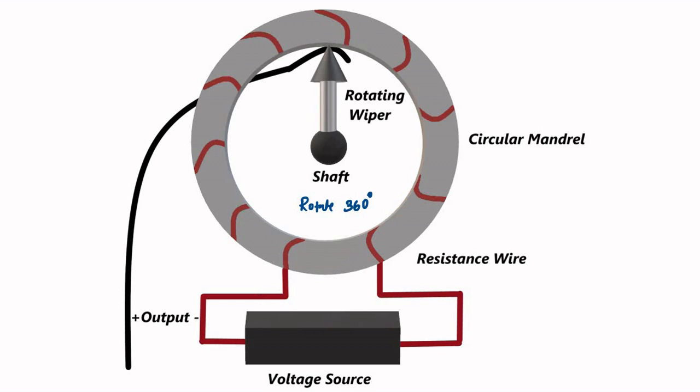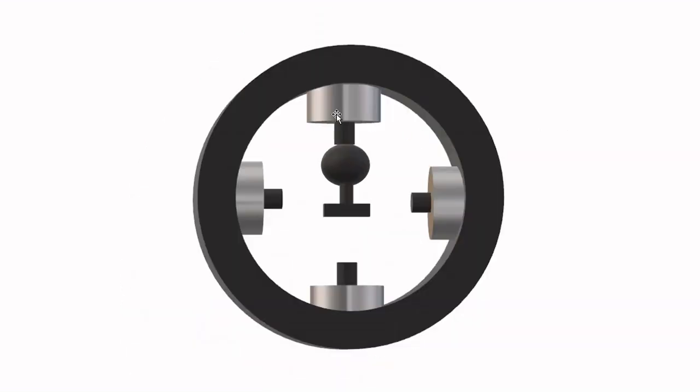In other cases, we have to place potentiometers, whether linear or rotary, at certain positions, and then this is the rotating object.